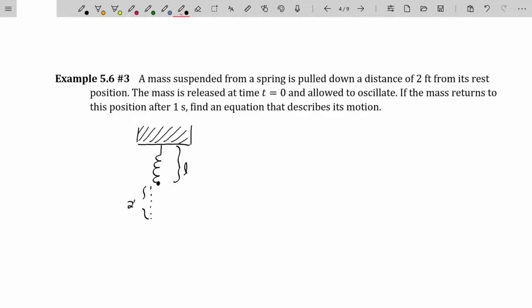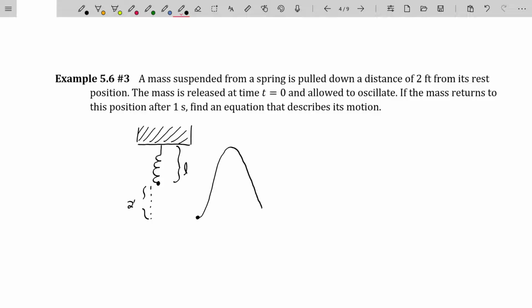So let's just follow that author's notation for now, and then I'll tell you how to rectify that if you're in a different course where your author does it properly, where this way is positive and this way is negative. Okay? But for now, let's just pretend as though this way is down and this way is up. So we pull the spring down to here and we let go.